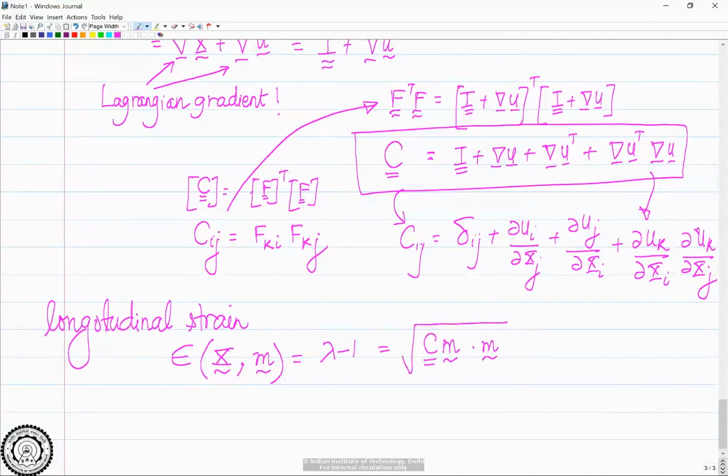So I have to subtract a 1 also to get longitudinal strain. Now let us try to work this out.